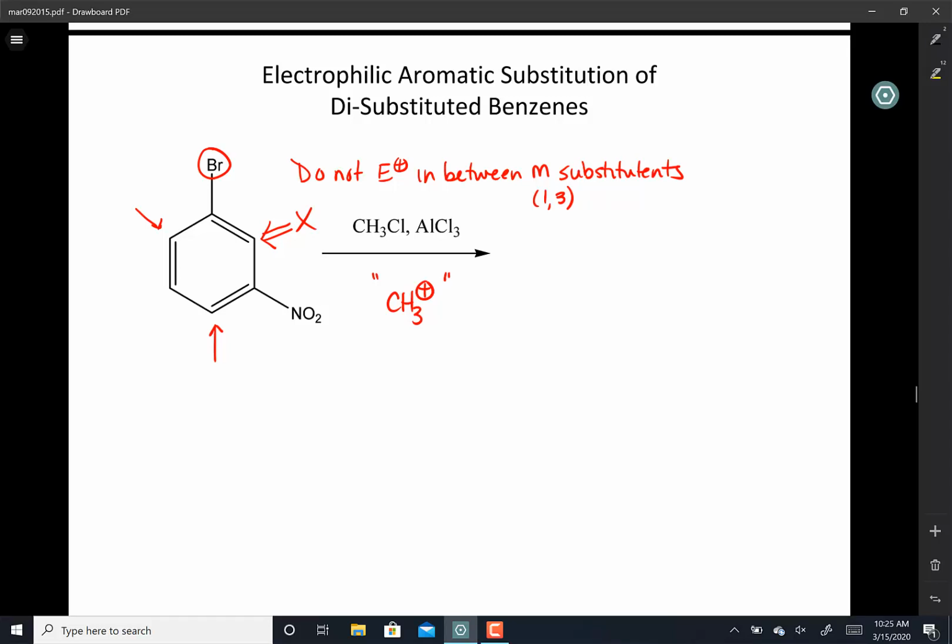And the reason for that is there's just not a lot of room to add any group in between a bromine and a nitro group. So we do not add in between 1,3 disubstituted groups or meta disubstituted groups. So in this case, I'm only going to get 2 products.